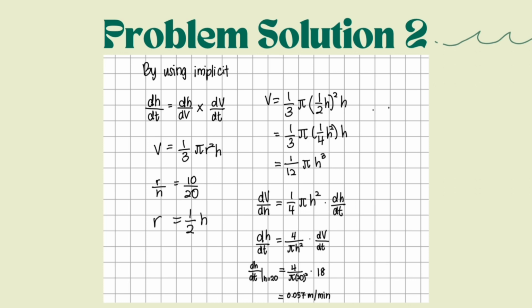After that, with the formula of the cone, we need to find the R value, where R is equal to 1/2 H. So after that, we substitute the value of R into the cone formula, and then we got 1/12 pi H cubed. Then we substitute the values into the formula of implicit differentiation. Then we would get the answer 0.057 meters per minute.